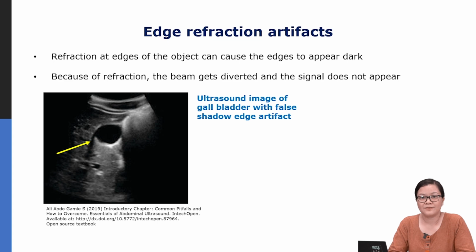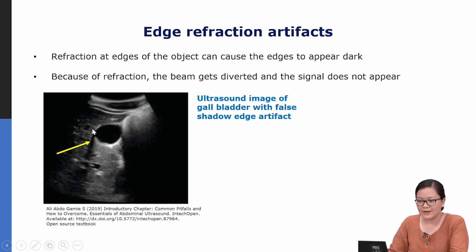There are also edge refraction artifacts. If you take a look at this ultrasound image of a gallbladder, the gallbladder, as we know, is fluid filled. But as the ultrasound propagates through and hits an edge of that structure, there can be some refraction at the edges of the object, and that refraction can cause the edges to appear dark.